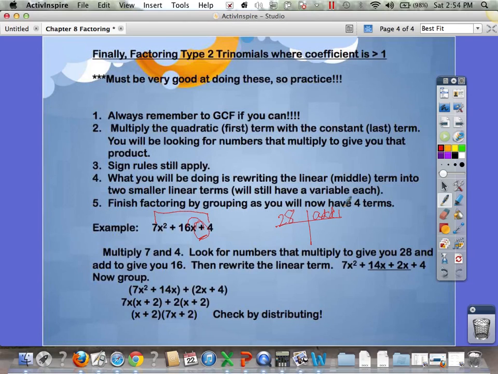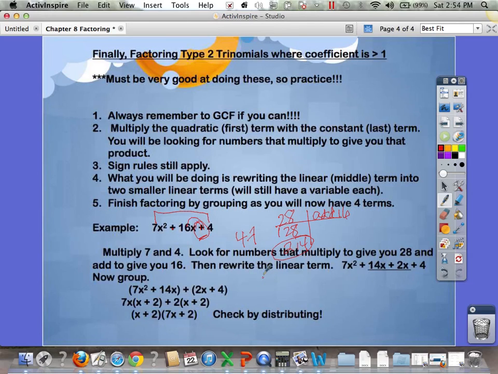What multiplies to give you 28? So that's going to be 1 and 28, 2 and 14, and 4 and 7. All right, which ones add to be 16? Well, that would be 2 and 14. Now, notice that we have same signs, and they're both going to be plus.